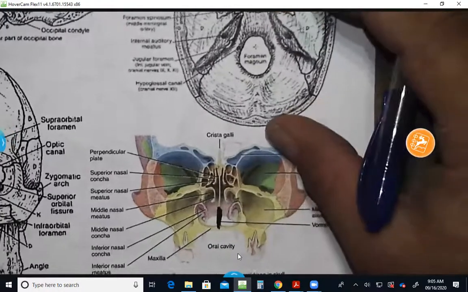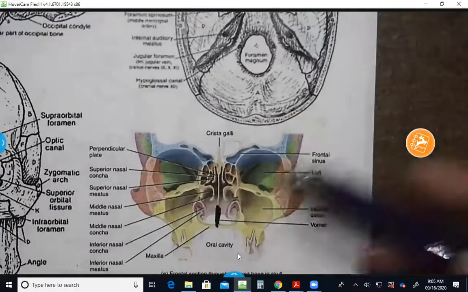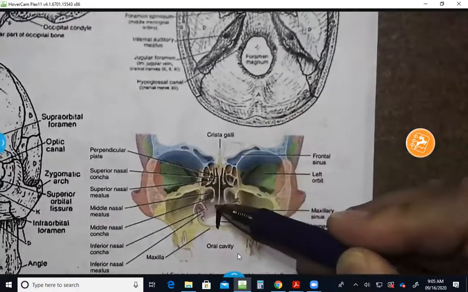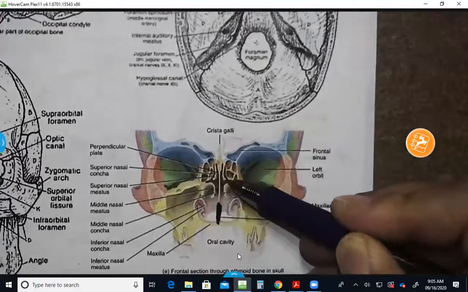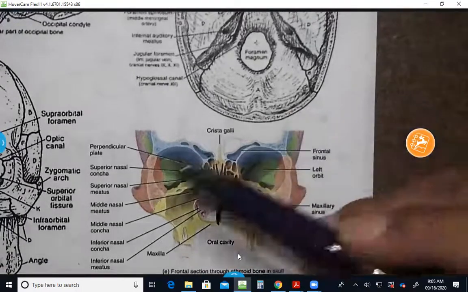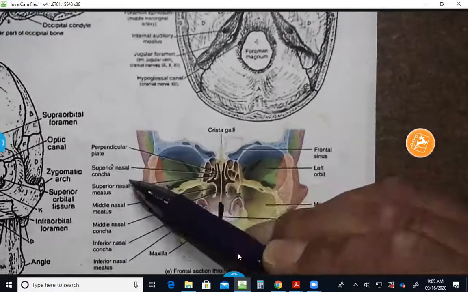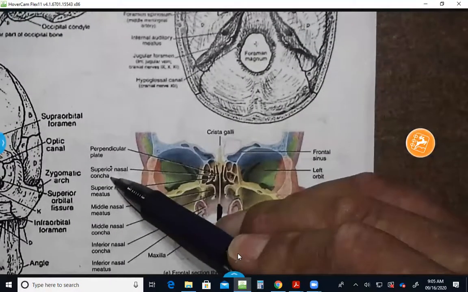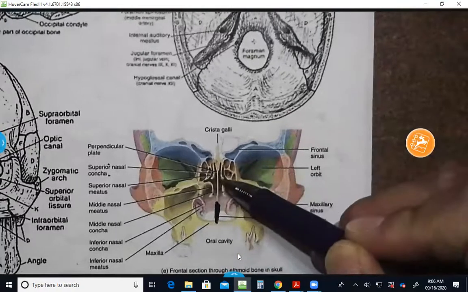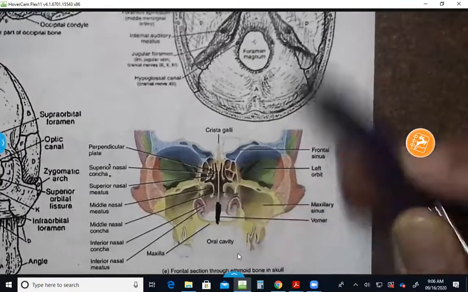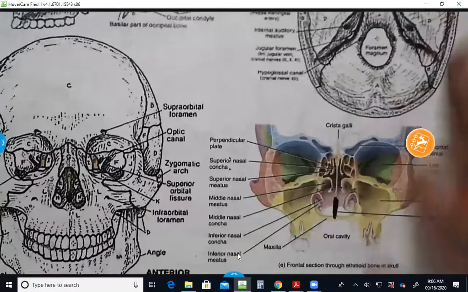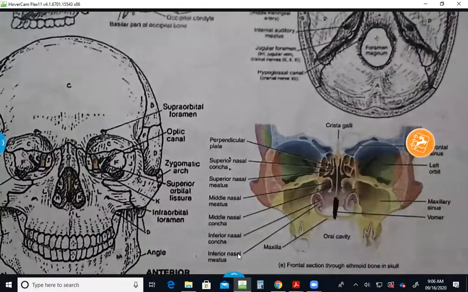The last thing I want to talk about associated with the ethmoid are these little hook-like structures, which we call nasal conchae. The superior nasal concha, without the E at the end, is the singular form. They're only labeling one, but there's two of them. The superior and middle are part of the ethmoid, and it looks like I did not color those last time, so I apologize.